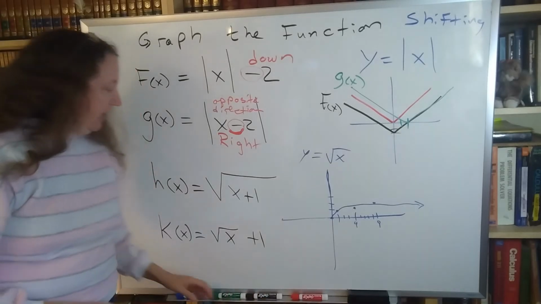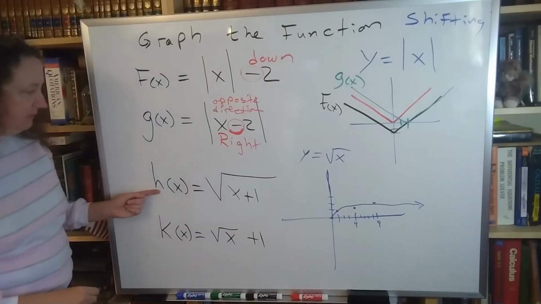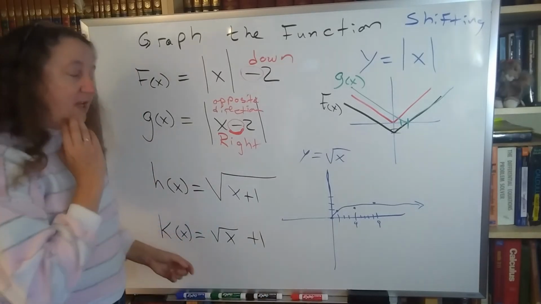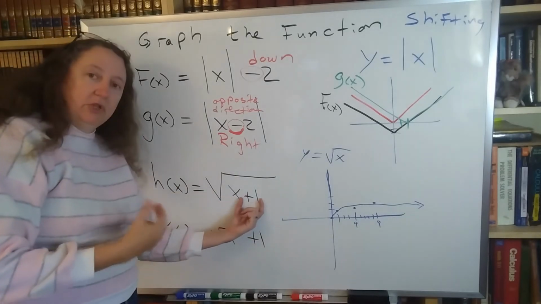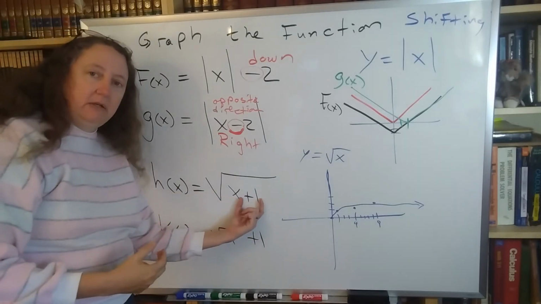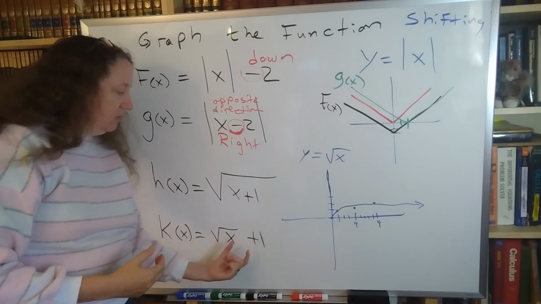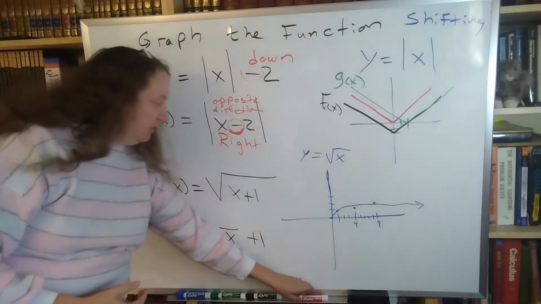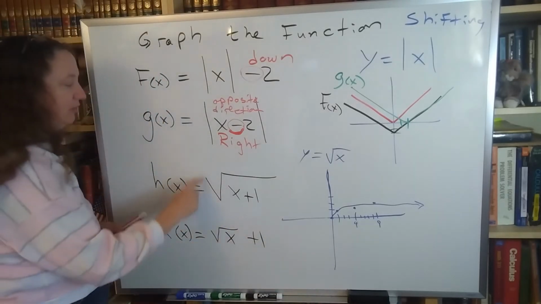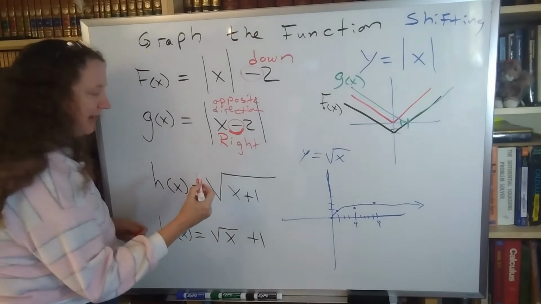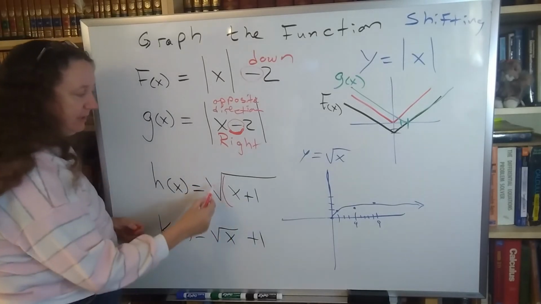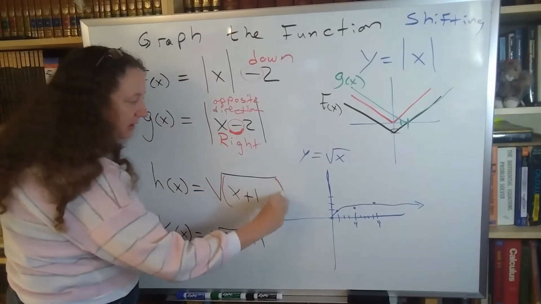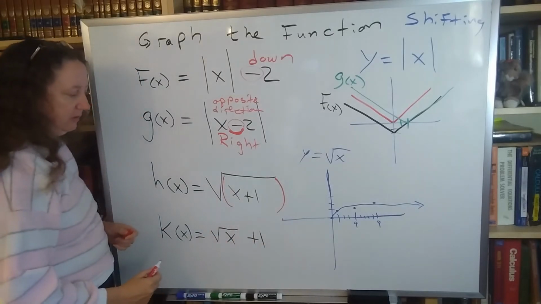So if we are looking at h of x here, we need to figure out, is the shift inside the parentheses or is it outside the parentheses? When you have a square root symbol, a radical, you have an understood set of parentheses at the very beginning of it and at the spot where it ends.